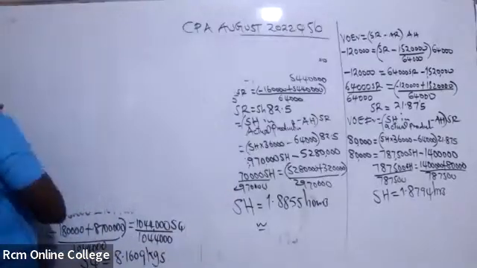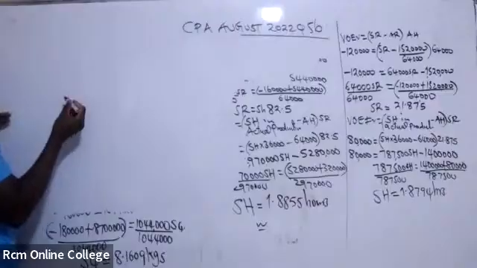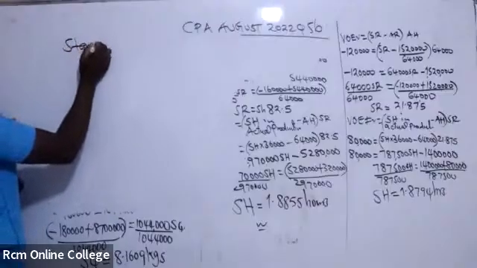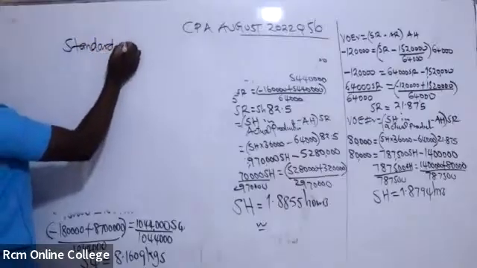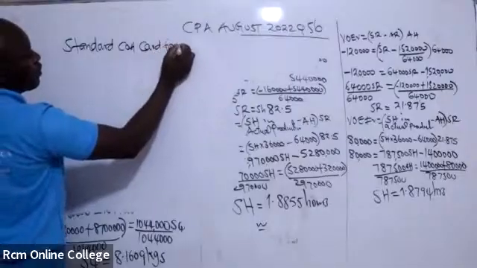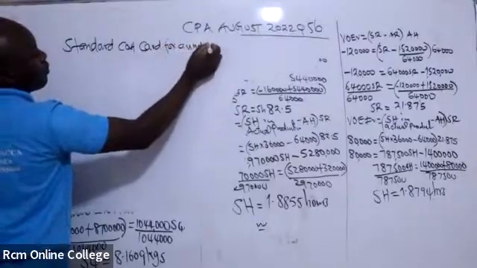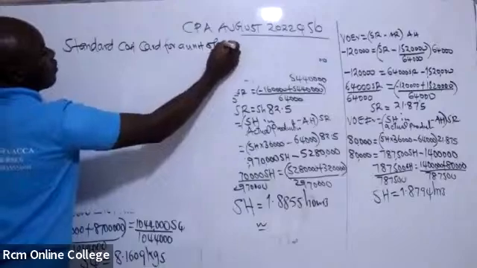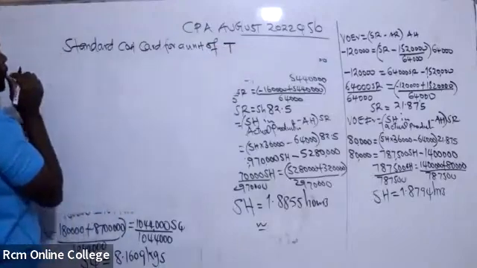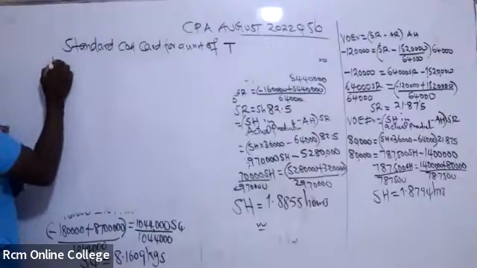So I'll come here and say standard cost card for a unit of product T. The first thing is direct material.